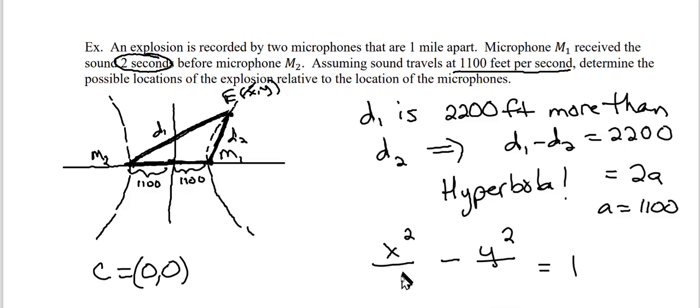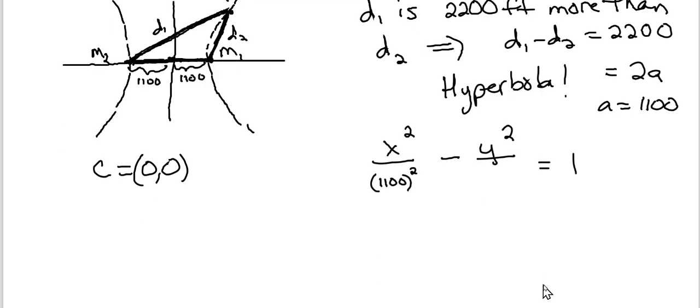Now I need to know what numbers go below here. Well, this is 1,100 squared, right? That's the a squared. Under here is the b squared, where I have this relationship of c squared equals a squared plus b squared, right? So hold on, my picture's not exactly right here.